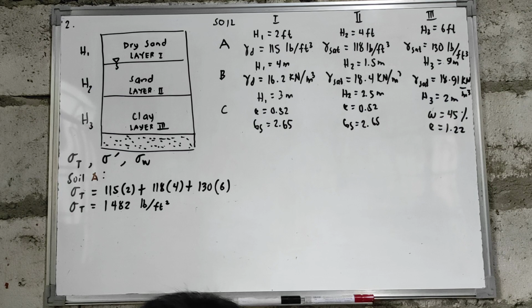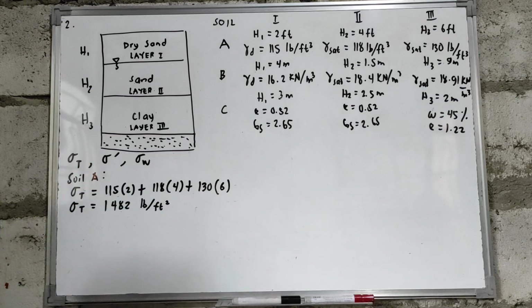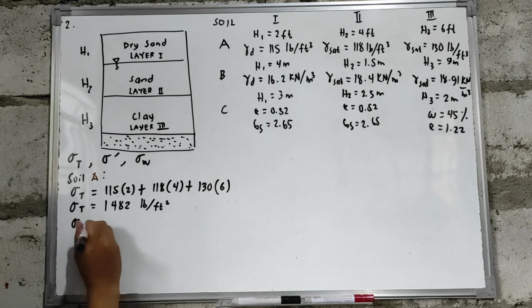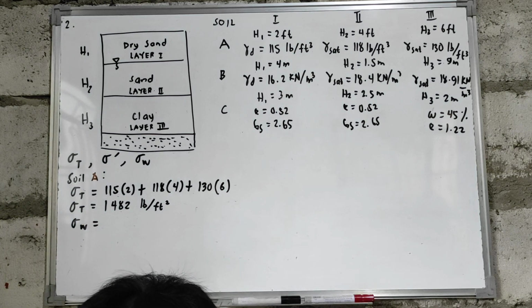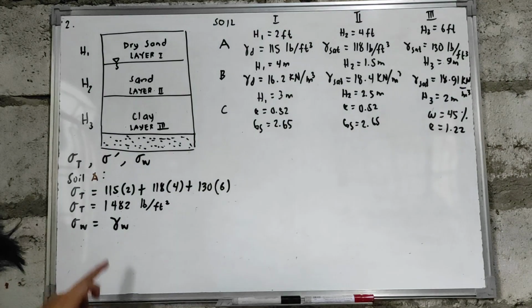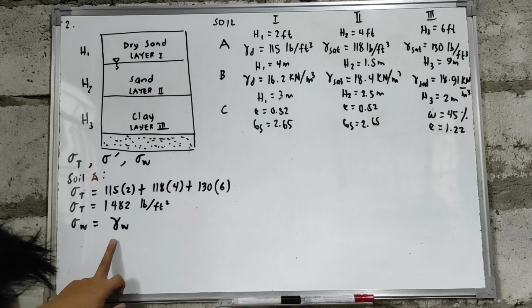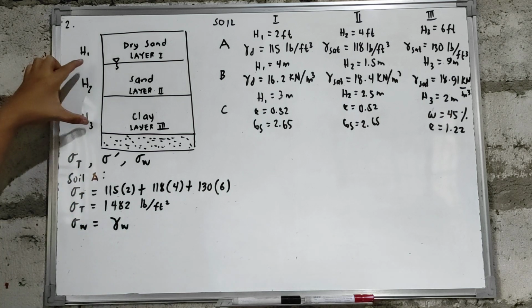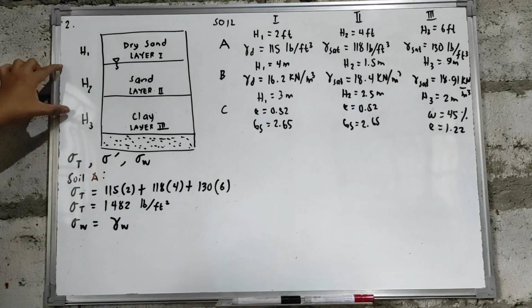So next, paano naman natin kukunin yung sigma W o yung pore water pressure natin? So ginagawa lang natin dito is imumultiply natin yung unit weight ng tubig dun sa height ng mga layers na affected dun sa tubig or dun sa height ng mga layers na may tubig.